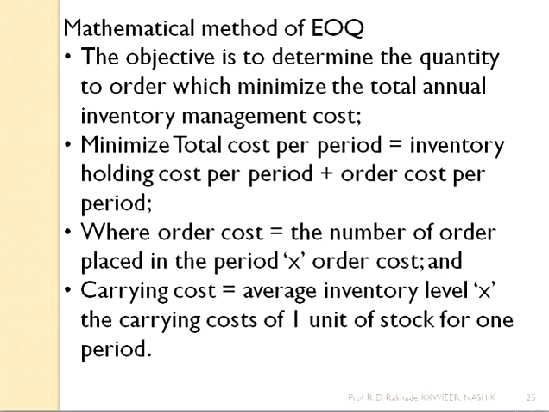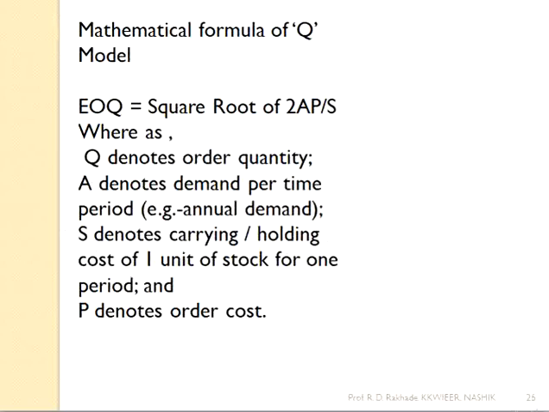Then the mathematical model of EOQ. Minimum total cost for a period is the summation of inventory holding cost and order cost per period. The order cost is the total number of orders placed in the period times the order cost, and carrying cost is equal to average inventory level times the carrying cost per unit for one period.